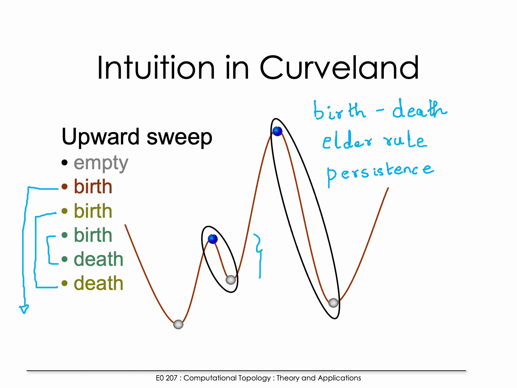In this case, this component lived from the time of this minimum to the time of this maximum. So its lifetime is called the persistence, and we will also call this the persistence of the two endpoint critical points. So we will use the term persistence to refer to this particular topological feature, the component, and persistence corresponding to the two critical points that define that particular component.